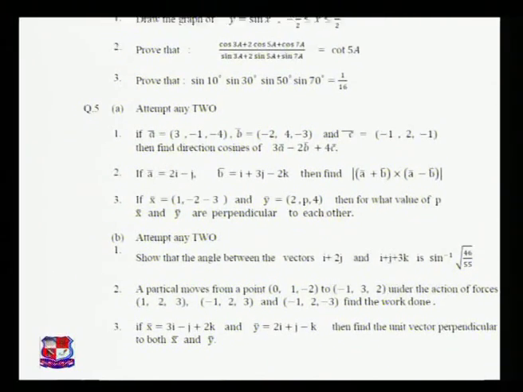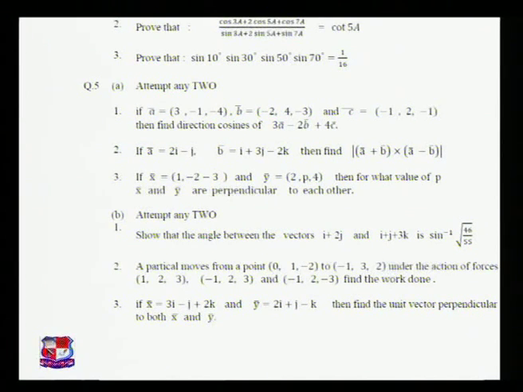For question 5a, the first question is: if a bar is equal to 3, -1, -4, b bar is equal to -2, 4, -3, and c bar is equal to -1, 2, -1, then find the direction cosines of 3a minus 2b plus 4c.